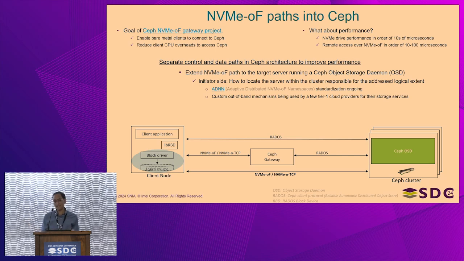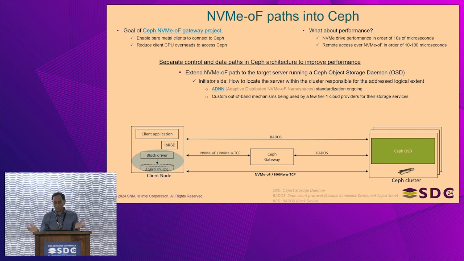So ADNN, Adaptive Distributed NVMe over Fabrics Namespaces, it's a mouthful. But they are looking at exactly this problem, how using NVMe over Fabrics, you can get to the correct owner, if you will, of a particular extent in a distributed environment.